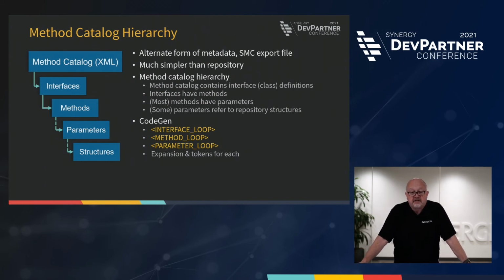The second piece of major metadata that we can use with CodeGen was added, I'm going to say about a year ago now, primarily for Harmony Core, but it is useful in other scenarios, and that is reading the method catalog that defines an XF Server Plus environment.